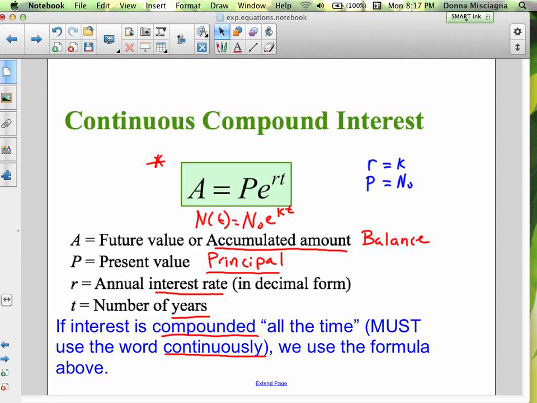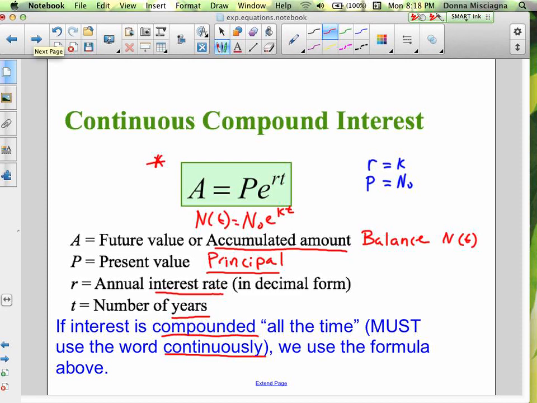That's all, but it's the exact same thing. So r is the same thing as k, P is the same thing as N naught. A is your accumulated amount, the same thing as N of t.